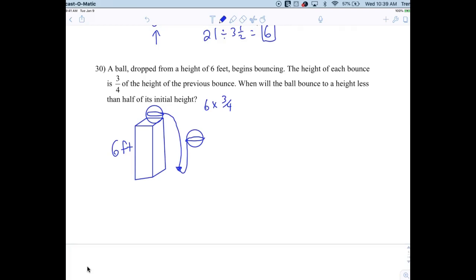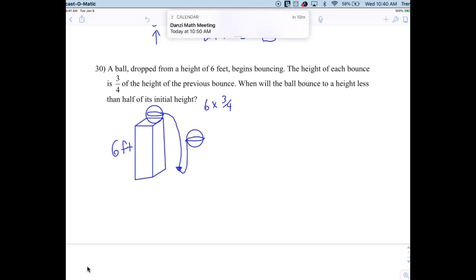With the numbers 20 and 1/2. The fraction makes it seem harder, but if you just make the number easier, then it's easy to figure out. So you're just multiplying the height by the fraction, and that'll tell you how high it went back up in the air. That's right.